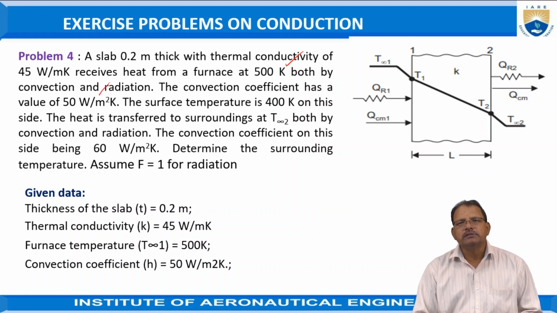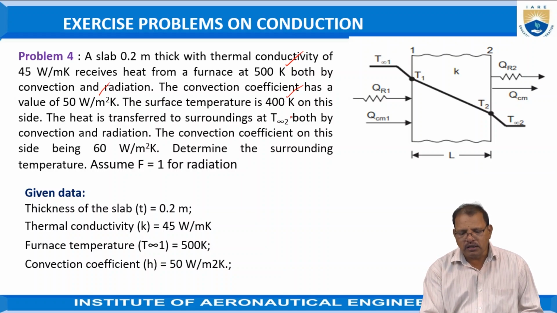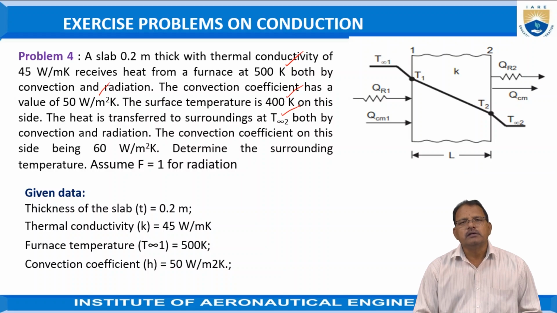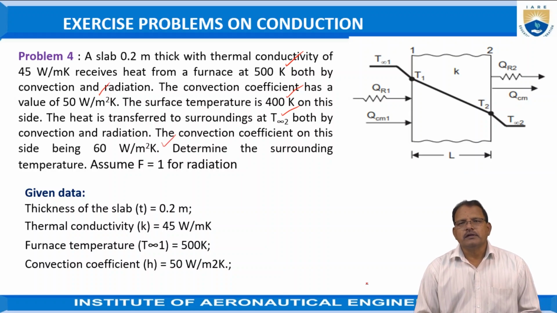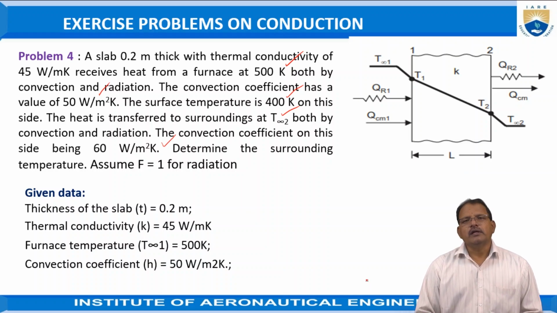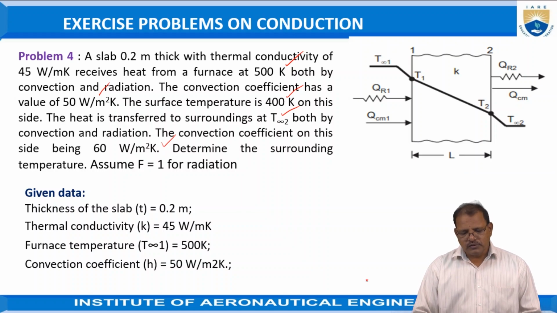The surface temperature is 400 Kelvin on this side. The heat is transferred to the surroundings at T alpha 2, both by convection and radiation. The convection coefficient on this side is 60 watts per meter square per degree Kelvin. Determine the surrounding temperature. Assume F is equal to 1, where F is the shape factor, given here as 1.